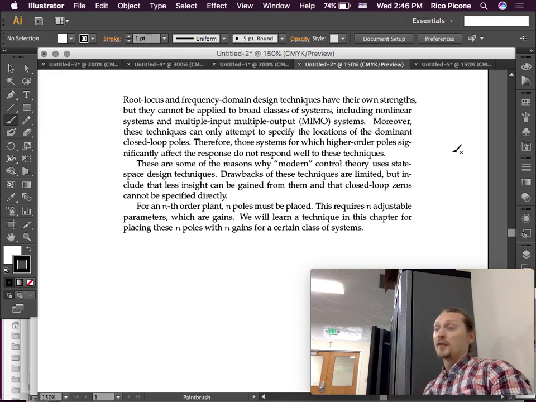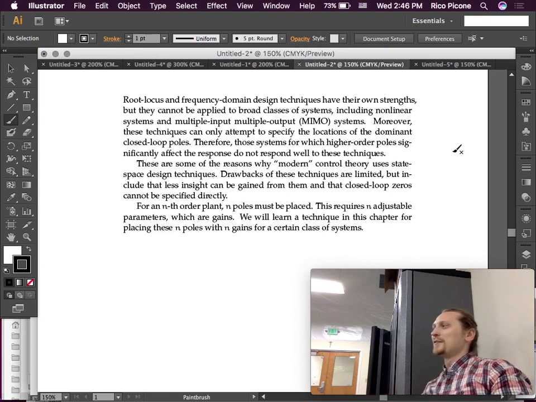Actually using the ODE solvers, I found it to be pretty straightforward. It is a little bit of work to get it set up, but once it's set up, it's not bad. It's pretty intuitive, as intuitive as anything is in MATLAB.